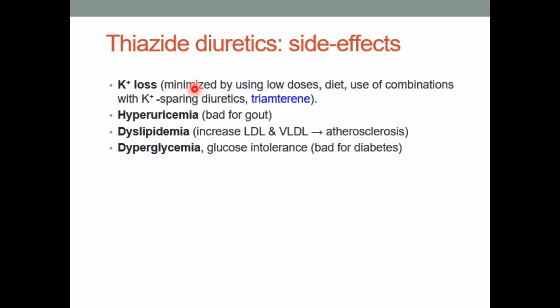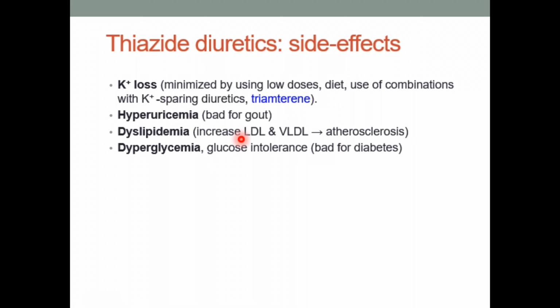Another thing that thiazide causes, especially for those with gout, is an increase in uric acid level. So thiazide also has been shown to increase the uric acid level. It can cause hyperuricemia, can lead to gout, and it also causes dyslipidemia.